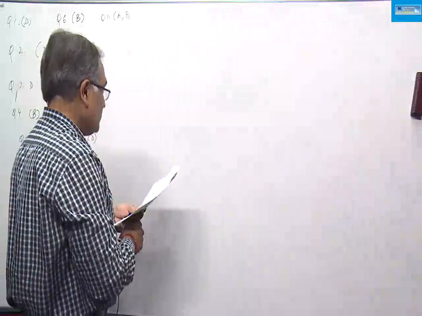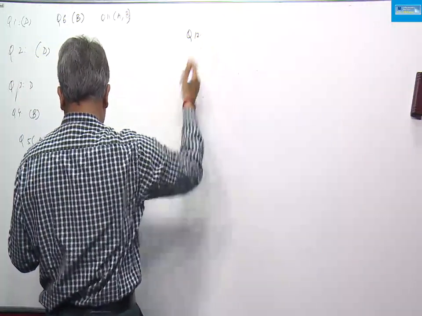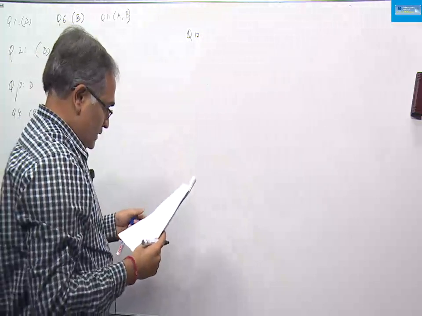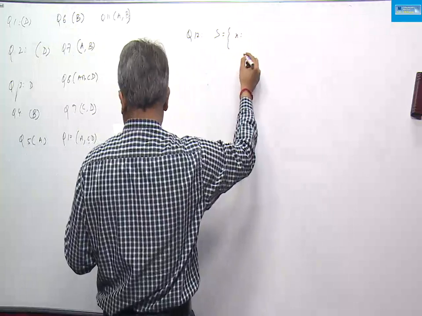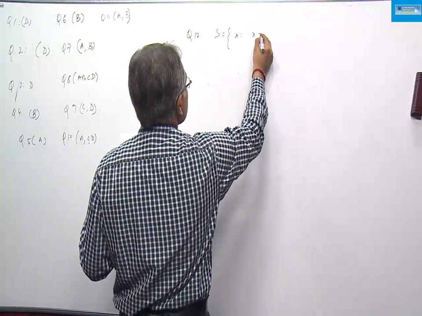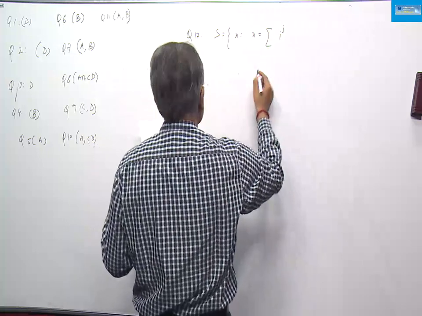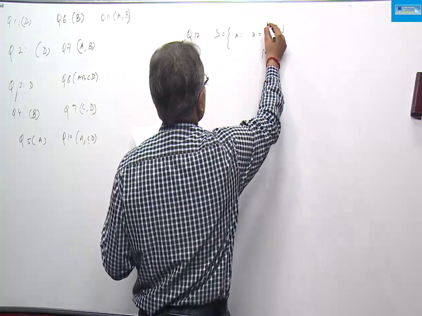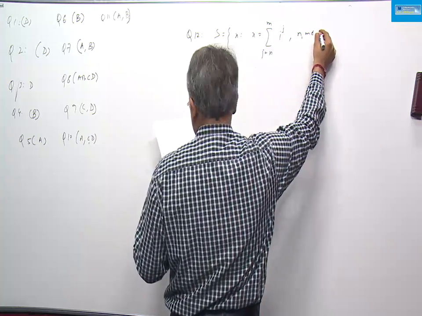Coming to question number 12. It says S is the set of all x such that x is the summation of iota to the power j, j varies from n to m, where n and m both belong to the set of integers.